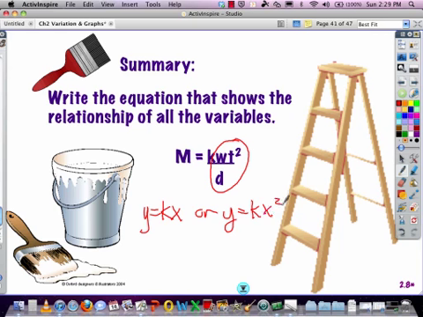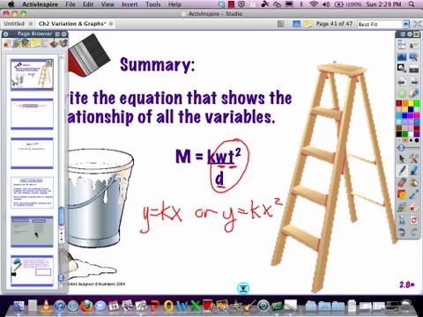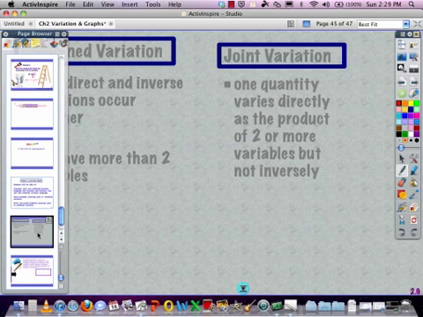Well, now we're going to open it wide open and say we could have direct variables and inverse variables all in the same equation. So let's get to our definitions so you can understand which equations would represent which type of new variation equation.